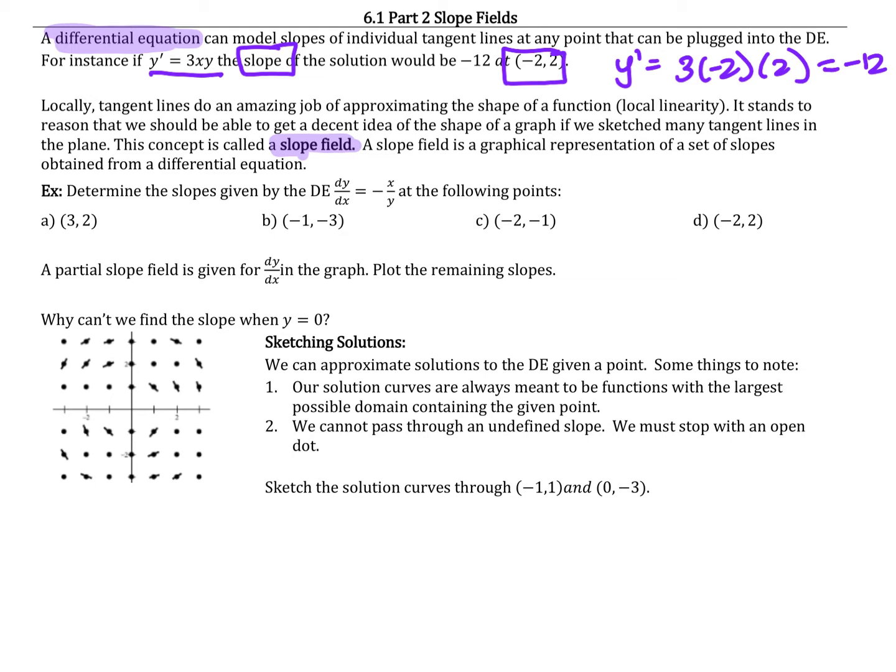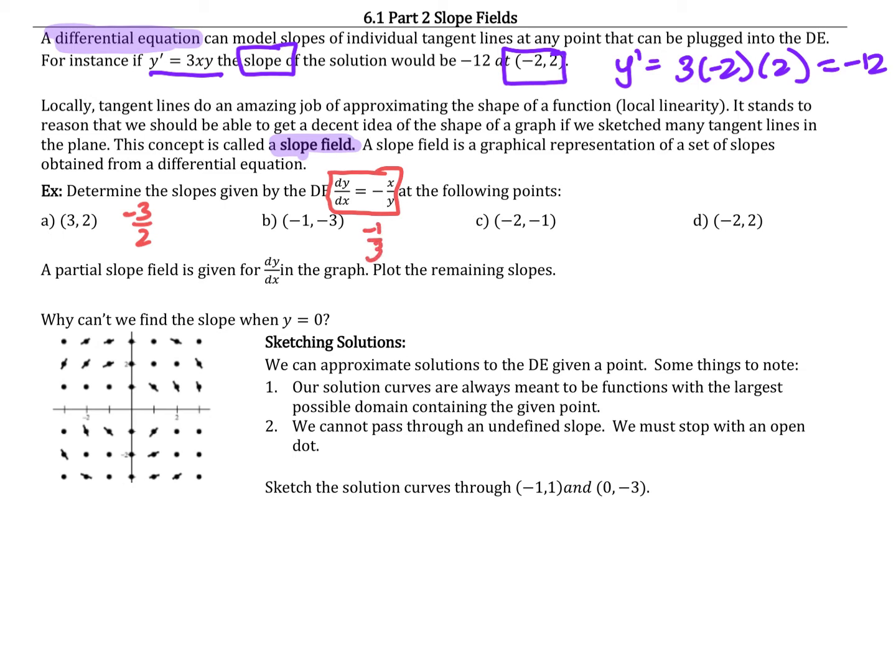So let's go ahead and look at an example here. We're going to look at the differential equation dy dx equals negative x over y. And we're going to find the slope at each of these ordered pairs below. So if I plugged 3, 2 in, I would get negative 3 over 2 as the slope. If I plugged negative 1, negative 3 in, I would get negative 1/3.